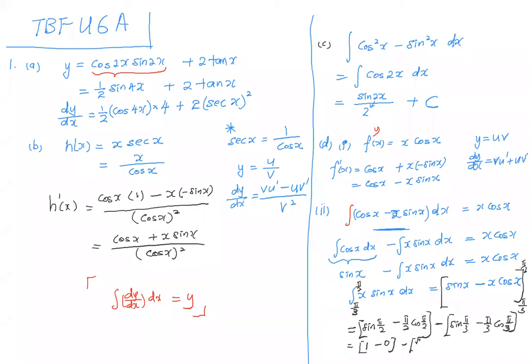Root 3 over 2. Thank you. Take away pi by 2, pi by 3. What is cos pi by 3? It's half. Am I right? So you get the exact value as 1 minus root 3 over 2 plus pi over 6. This is the exact value. See or not?